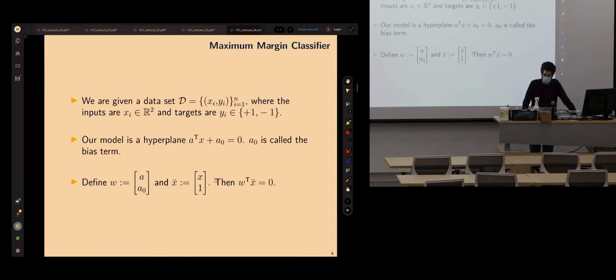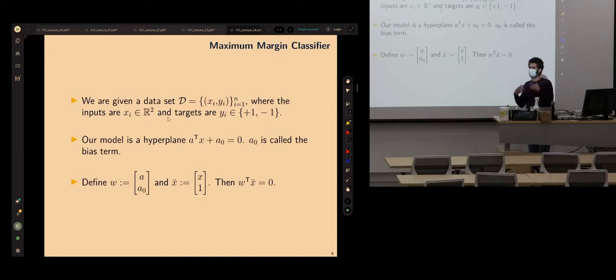But assuming that we know a data set, n pairs of x and y, x values here are 2D locations in the plane, and the target values, the outputs, in the labeled data sets are +1, -1.